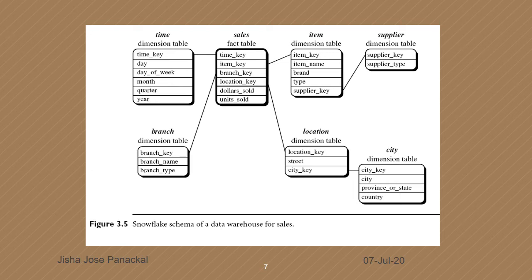This is used to reduce the redundancies and to improve the storage space, but querying will be very difficult if we go for this normalization process. So this is the example for a snowflake schema of a data warehouse for sales.